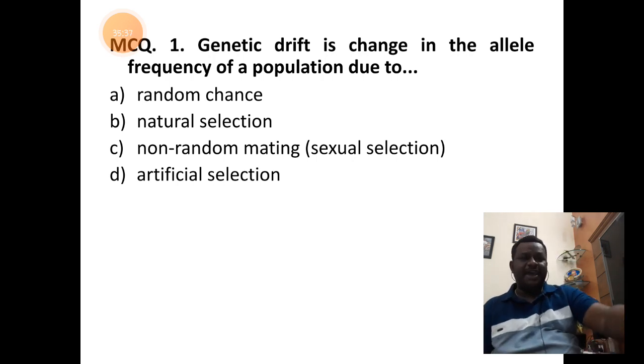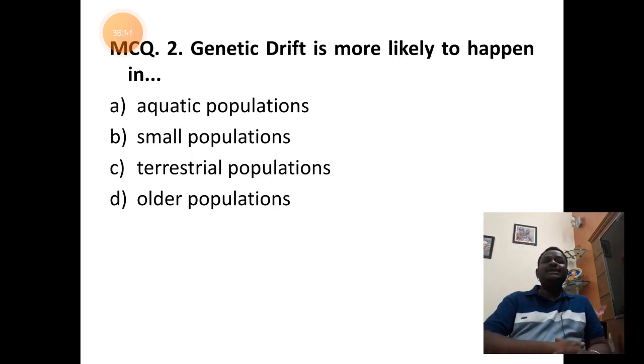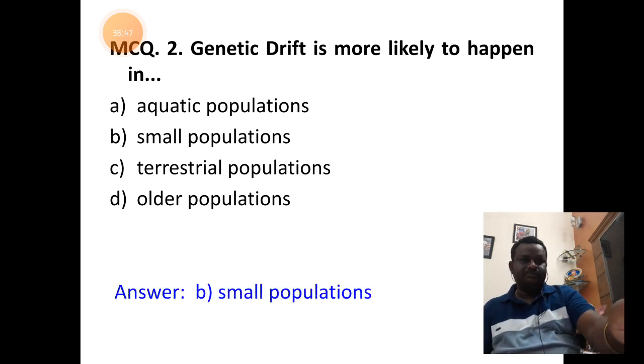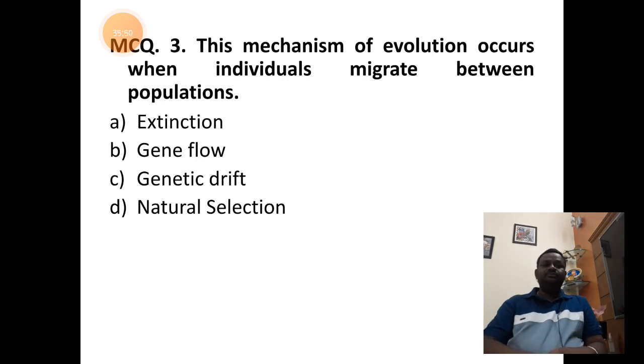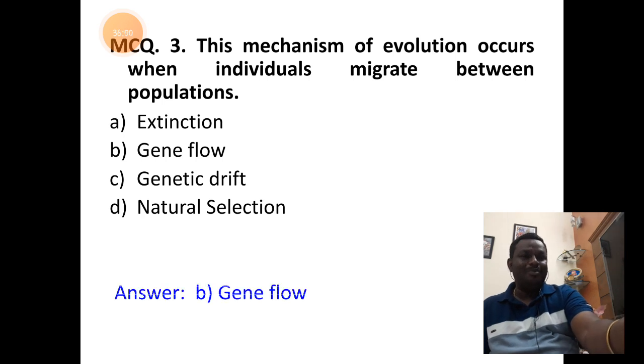It is random chance. Answer is A. Genetic drift is more likely to happen in a very small population. B. This mechanism of evolution occurs when individuals migrate between populations. So it is gene flow. B.